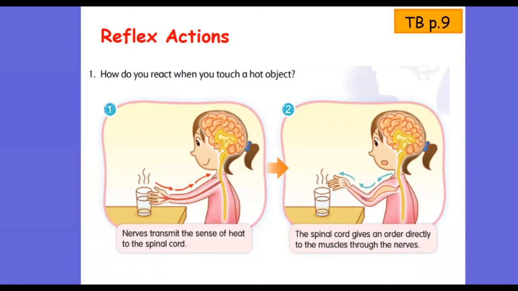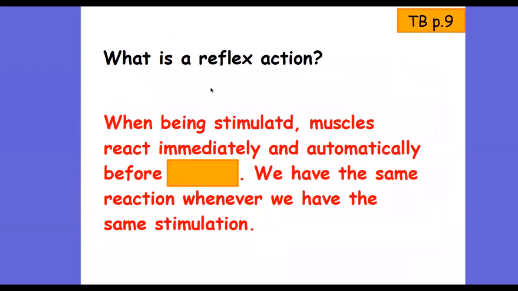All right. So that's why for reflex action, when being stimulated, muscles react immediately and automatically, before thinking. So we have the same reaction whenever we have the same stimulation. Before we start thinking, our muscle will react.